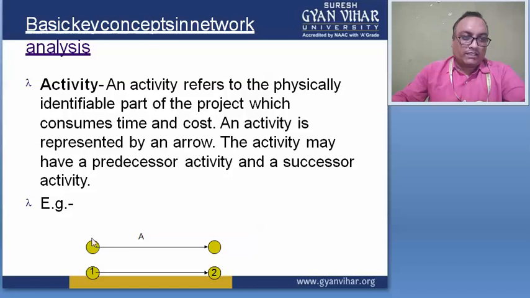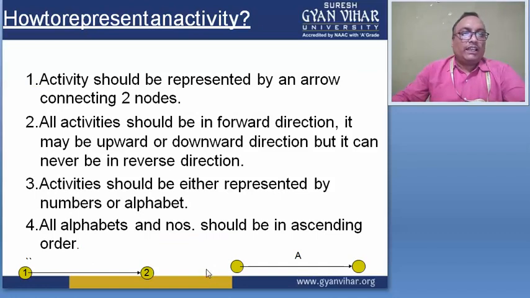Suppose this is the starting point and this is the ending point. Here we represent the activity name, and the events 1 and 2. This is one more way to draw the network diagram. The activity should be represented by an arrow connecting two nodes, and all activities should be in the forward direction.